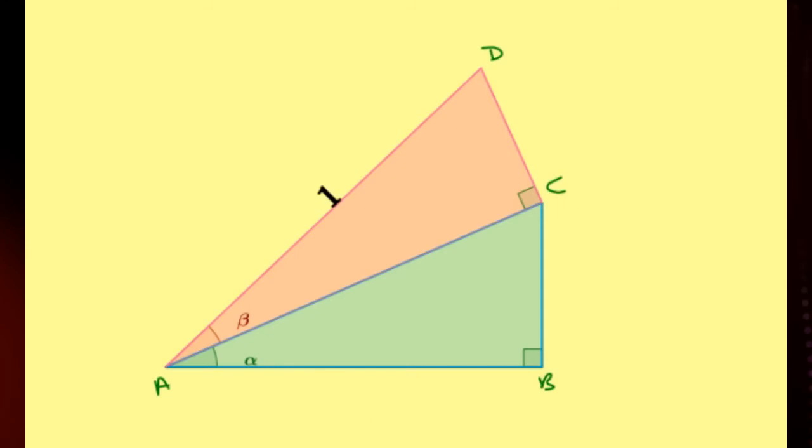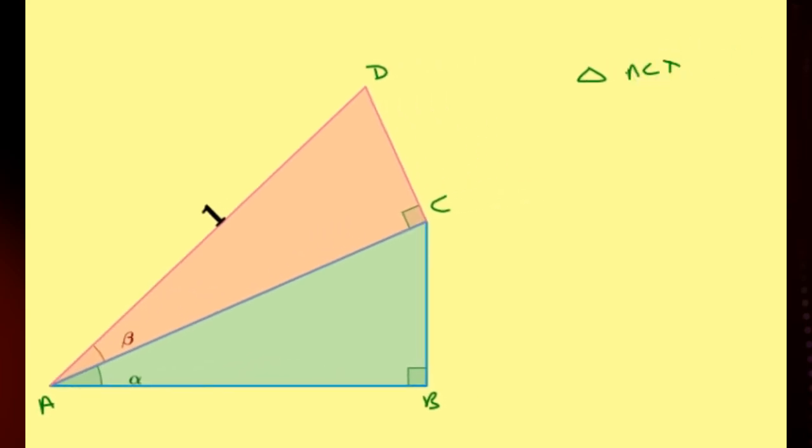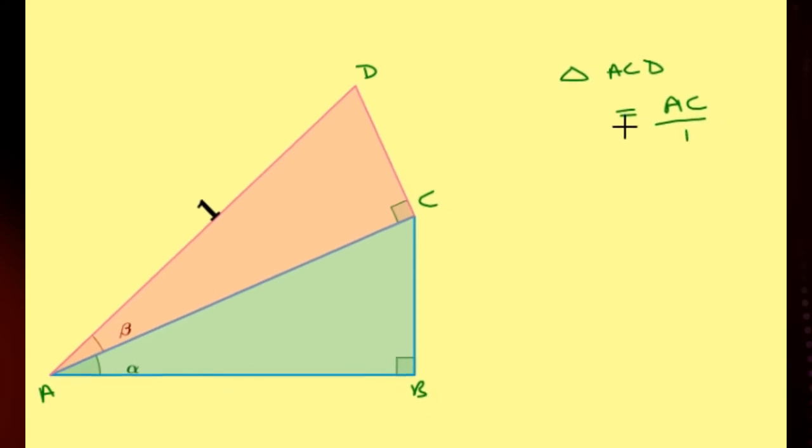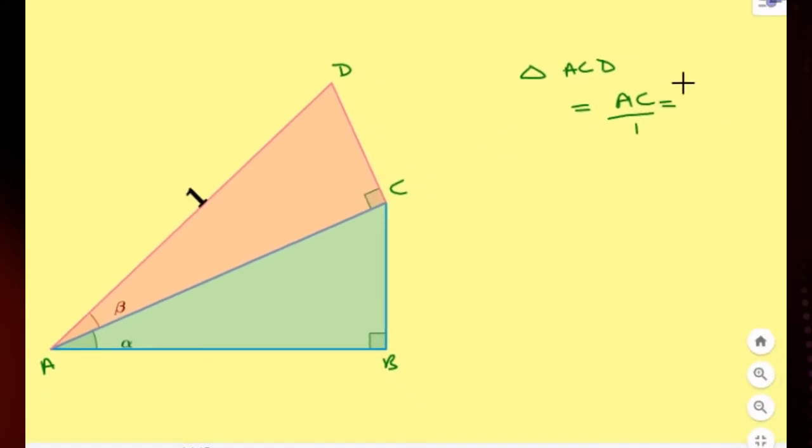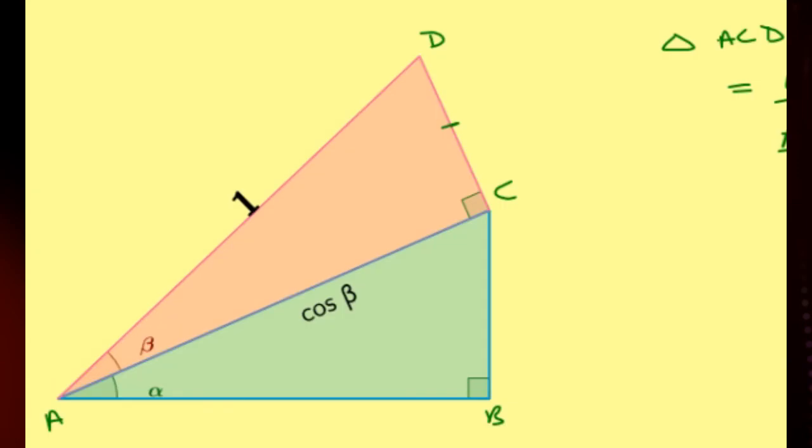So if my hypotenuse is 1 unit, then in the triangle ACD, this AC will be the base and the hypotenuse is 1. So AC will be equal to cos beta. Now look at this blue triangle.